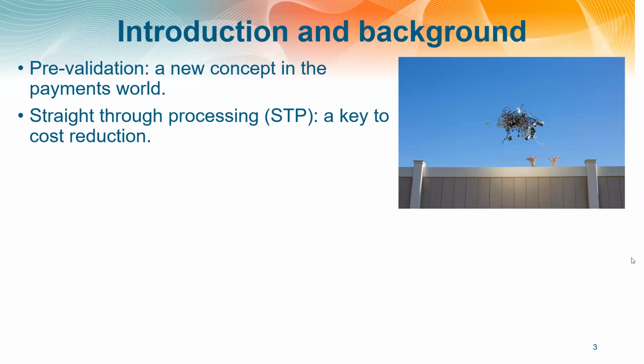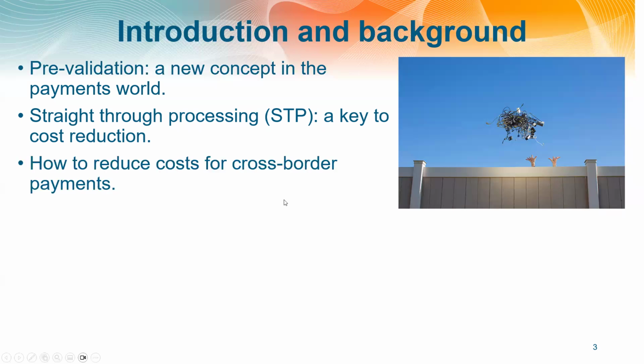And in particular, because there's considerable focus at the moment on how to reduce costs for cross-border payments. Now, I don't know if any of you have come across it, but there's been an initiative that's been running for several years now, originally from the Financial Stability Board, which said essentially the cost of cross-border payments is too great and it needs to be reduced. There is a target value that says in every corridor, 3% should be the maximum cost for sending a cross-border payment.